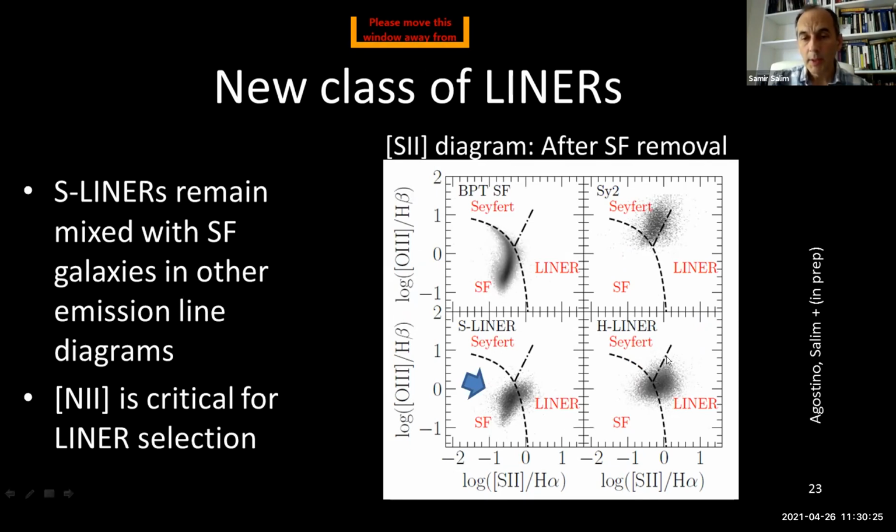But these have mostly been considered to be just the result of a lot of star formation contamination, and have been removed from most of the samples. Whereas this one, the hard LINER, is more like the traditional one, the one that has been studied by MaNGA. So it is true that those are the category for which we are at least certain about whether they may be AGN or not.